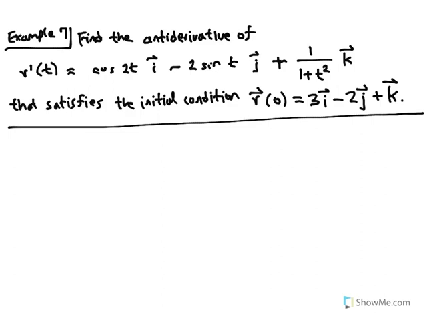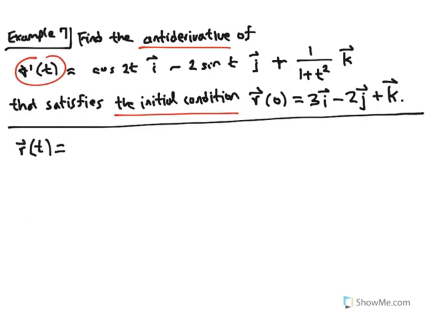So to do this problem, we're going to begin by finding the antiderivative of r prime of t on a component by component basis. So let's go ahead and look at that. Again, the instructions are find the antiderivative of r prime of t satisfying the given initial condition. So we're looking for a function r of t, and that would be the antiderivative of r prime of t.